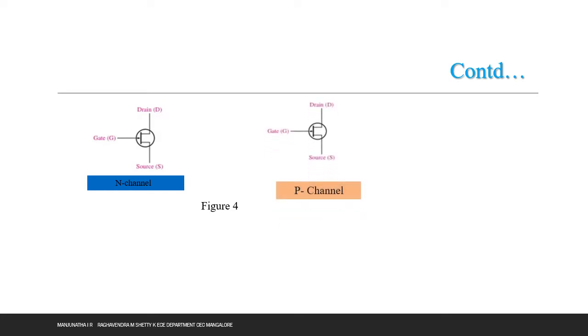Next, about a P channel, it has the same schematic symbol as the N channel, but the only difference is that at the gate the arrow mark is away from the gate. So that means the gate current is away from the gate terminal in case of P channel, and in case of N channel the gate current is towards the gate.